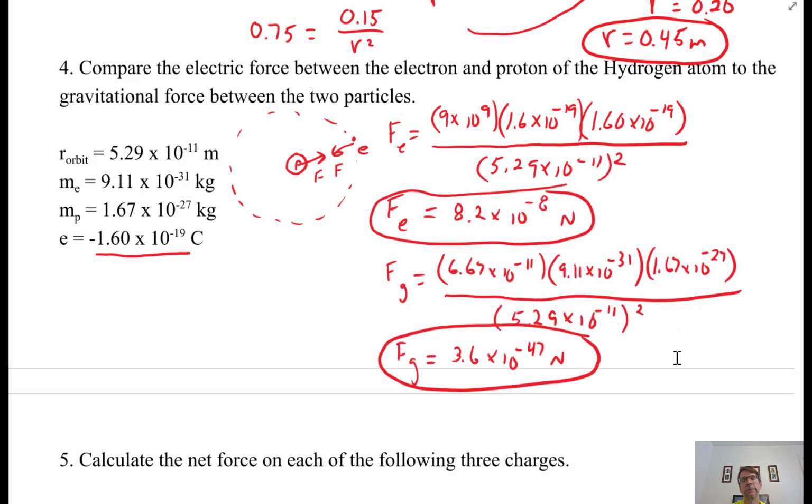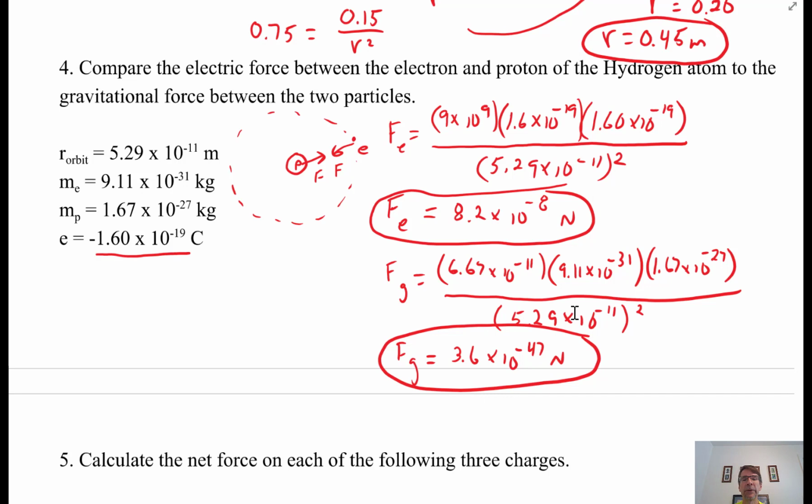All right, so you probably want to pause this and write this down, but I did all the math there. You might want to double check that with your calculator. Make sure you can plug all those numbers in. It's a lot of numbers to plug in. Multiply all the top numbers, use the parentheses if you have to, and make sure you square that denominator before you divide it into the numerator, and you get the electrical force, which is small.